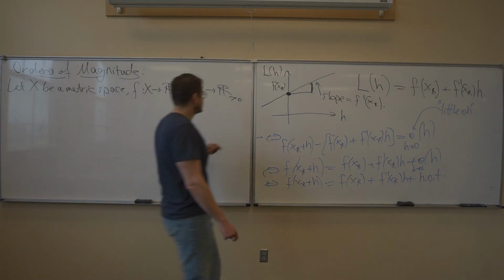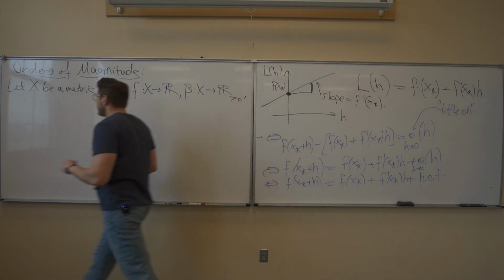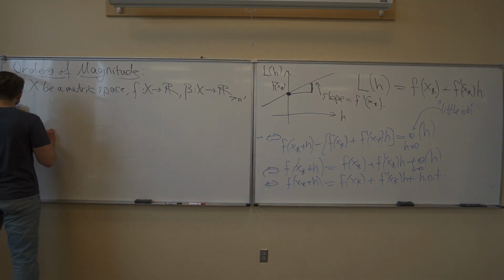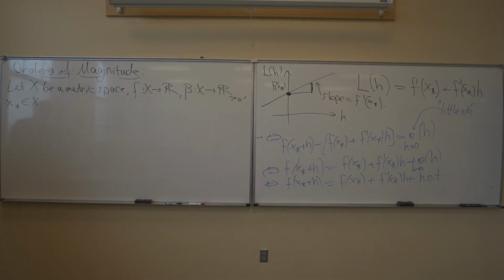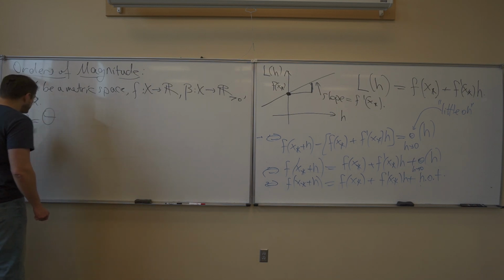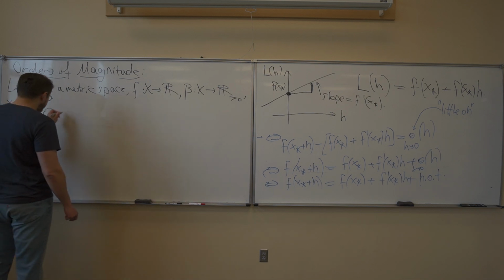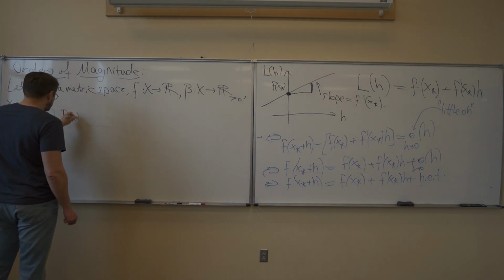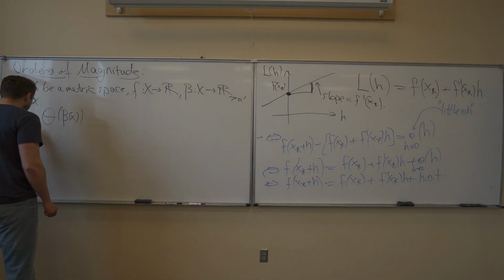And let x star be a point in X. So I'm going to say that f of x equals big O of beta of x as x goes to x star.